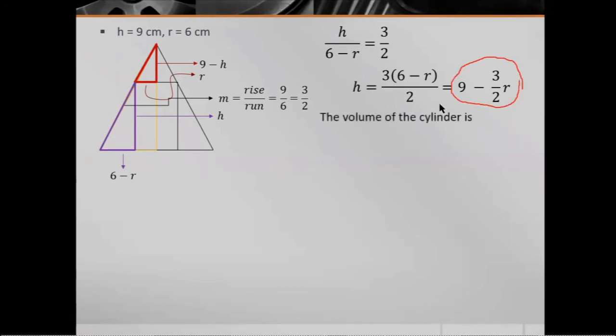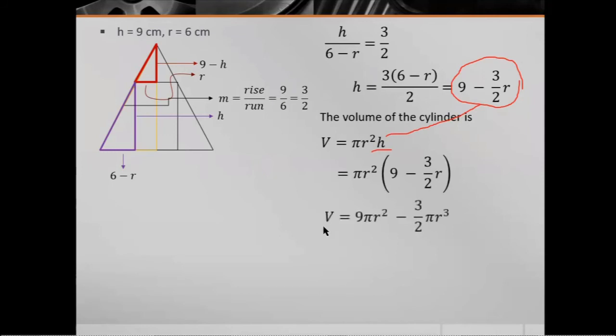Next in line, the volume of the cylinder. Balikan natin yung volume ng cylinder. And that is V equals pi r squared times height. So, instead of h, ito ngayon yung ating gagamitin. Substitute lang natin. Okay, so we have V equals pi r squared times the quantity 9 minus 3 halves r. Then, evaluate natin, distribute natin yung pi r squared into 9.